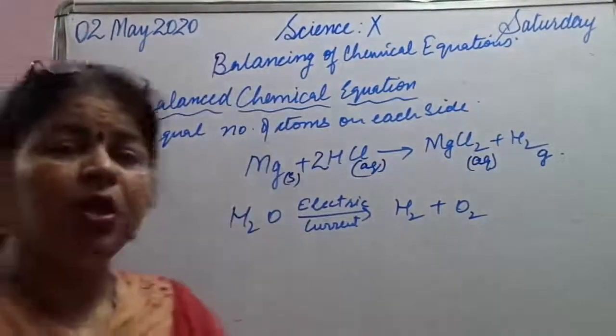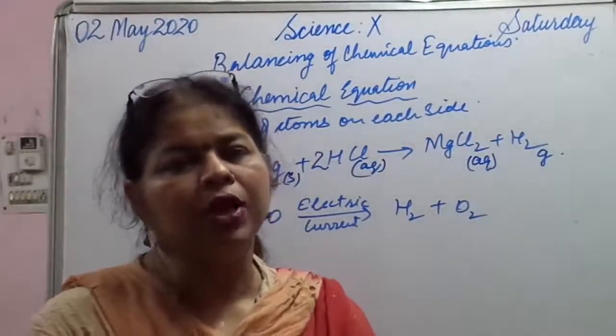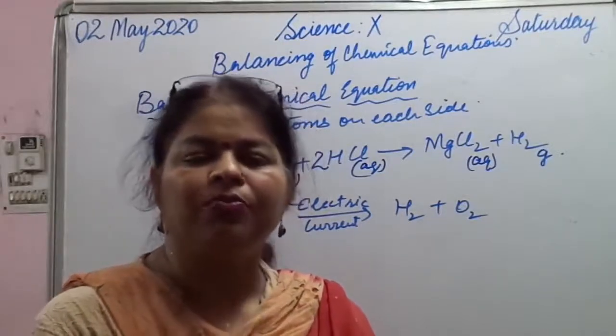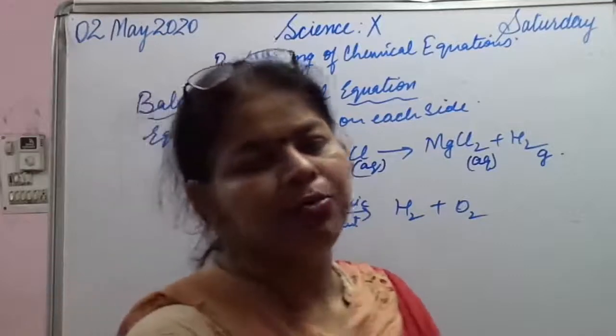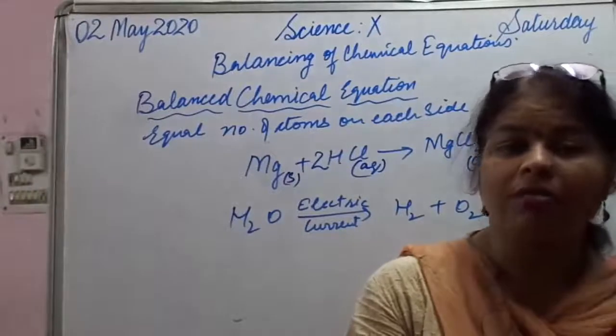So this is about how to make the equations informative. Then comes, what does a chemical equation convey? A balanced chemical equation, what information does it give? It tells us about the substances, the reactants and the products, that are participating in a particular reaction.